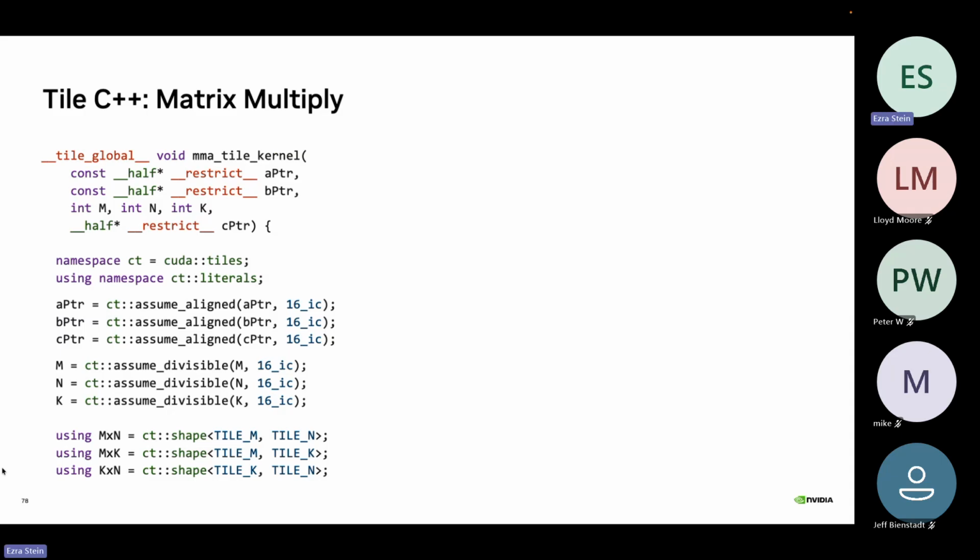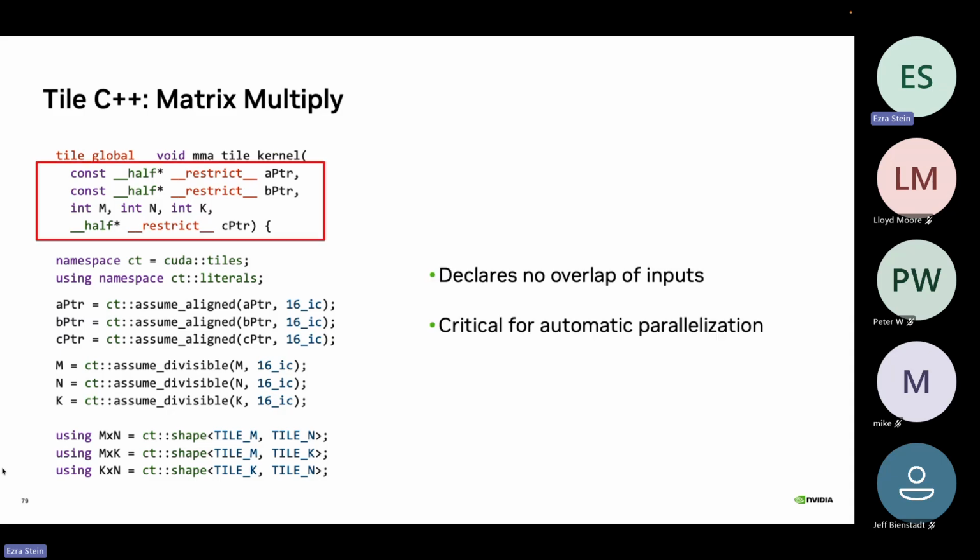Moving on to the starting part of the application, all of this code is just setting up various information that the compiler can use. The first are the restrict keywords here. You may know that this is useful for performance in CPU applications, but in Tile, it's especially important. The reason is that for those load operations I showed, we want to run them asynchronously from each other.